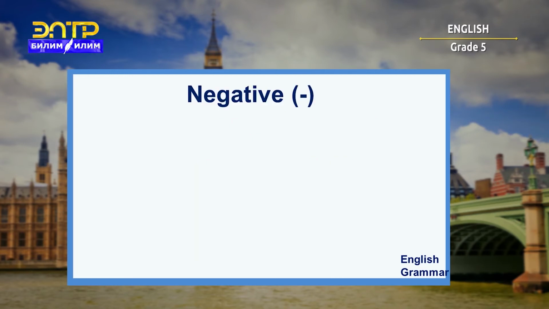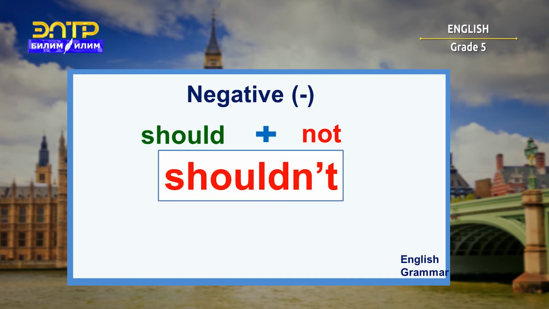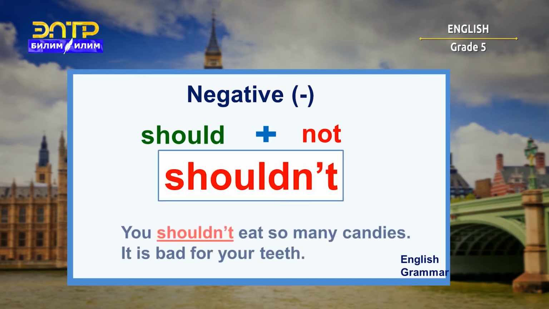For negative form, we use should plus not, and the contraction is shouldn't. You shouldn't eat so many candies. It is bad for your teeth.